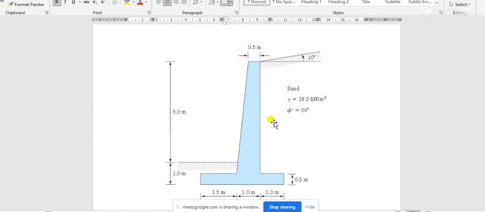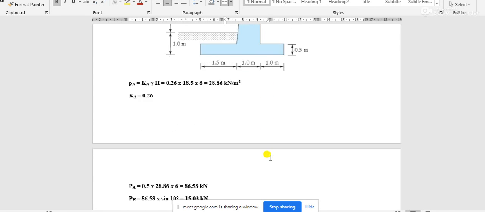Lever arm, this one is acting like this at this surface, horizontally. Weights are acting vertically, that's why the lever arm is calculated horizontally. But in case of the active thrust, the thrust is acting horizontally, that's why we have to calculate the lever arm vertically, and the active thrust is acting at one third of the height of the retaining wall.